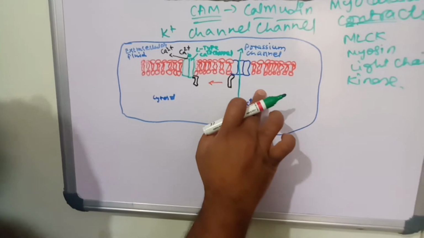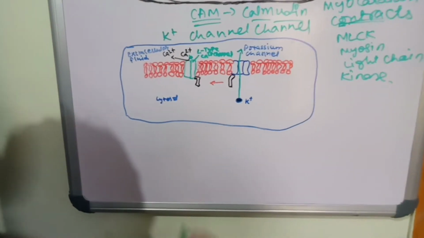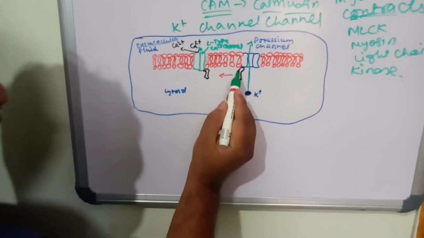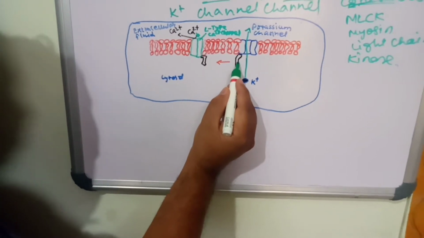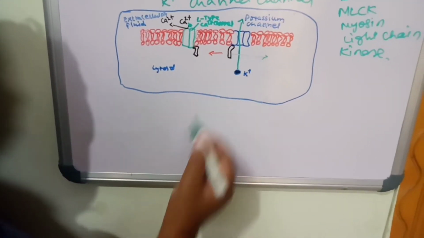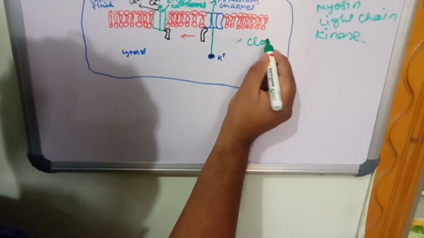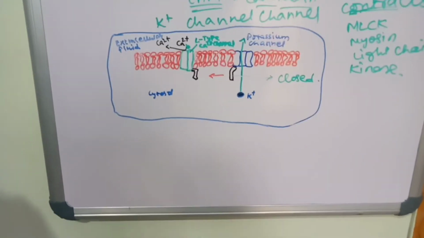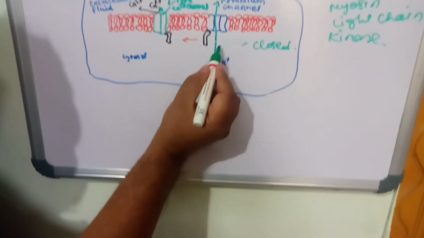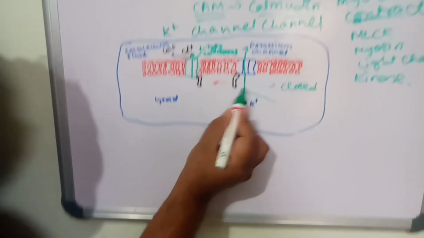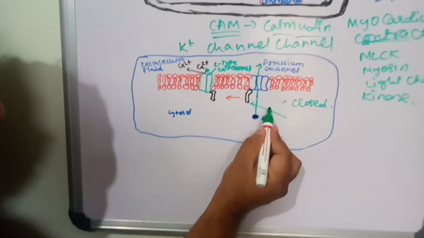So the calcium channel is there, the potassium channel is there. Now the potassium channel is closed. This black thing that I have indicated is a lock, and it is like a key for the lock. Now what happens when you give nicorandil, the potassium channel opener drug? I have given you the class.